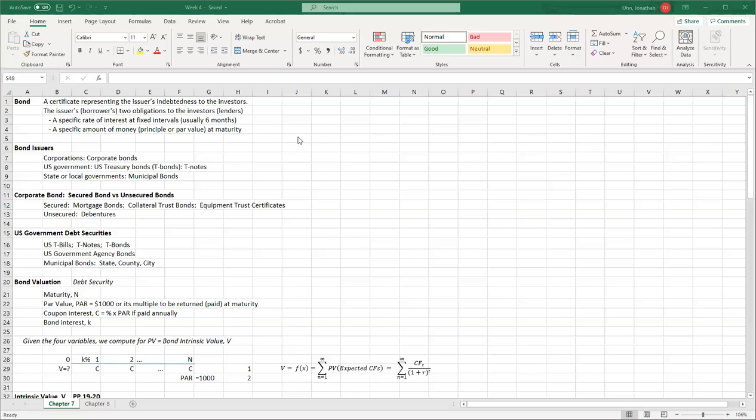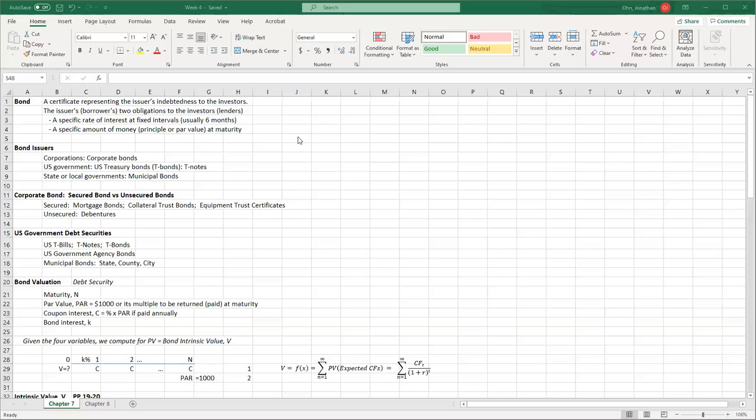They are only backed by the issuing company's name, credentials, or financial stability. Normally, secured bonds are safer and more stable than unsecured bonds.